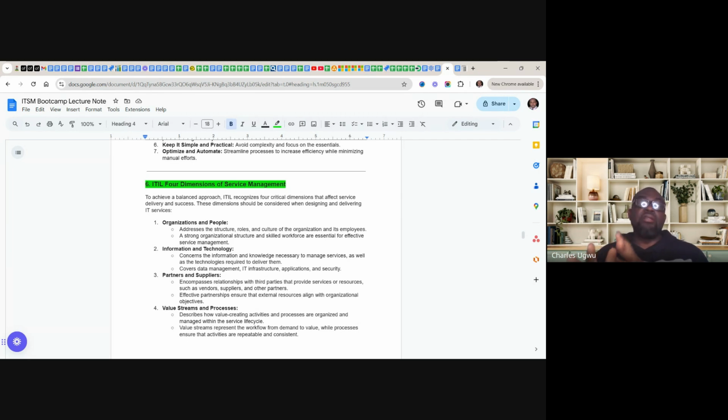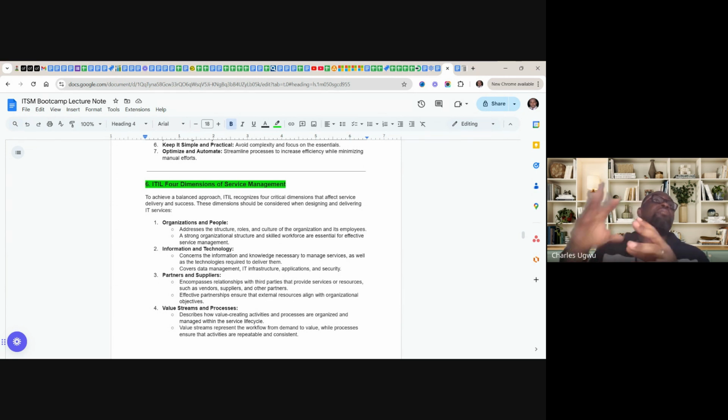So these are the 4 dimensions that I want us to approach service with, not only IT, because ITIL is beyond just IT. I don't want us to have a narrow mind that ITIL is only used for IT service management. It's for any kind of service management. So if you understand ITIL very well, you can use it in oil and gas.